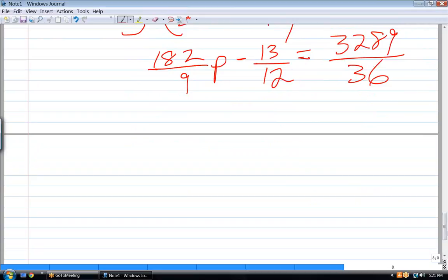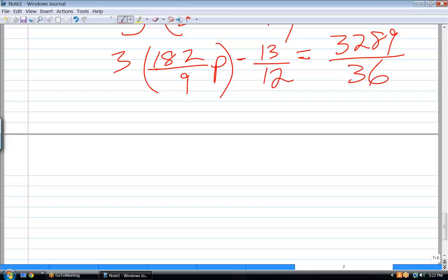What can I multiply every term in this equation by to get rid of all three denominators? 3. Notice that if I multiply by 3, it doesn't get rid of the denominator. I'm still going to have a denominator of 3.